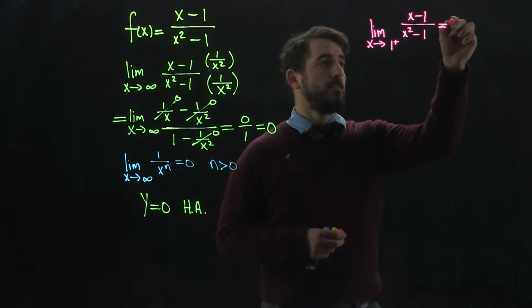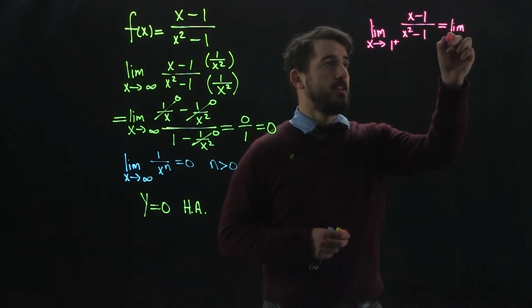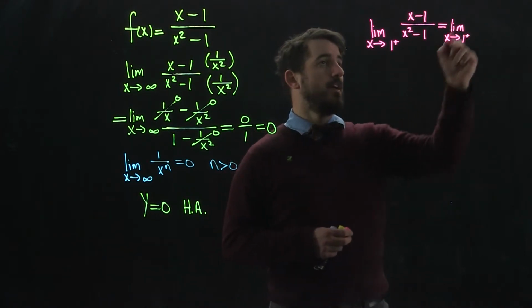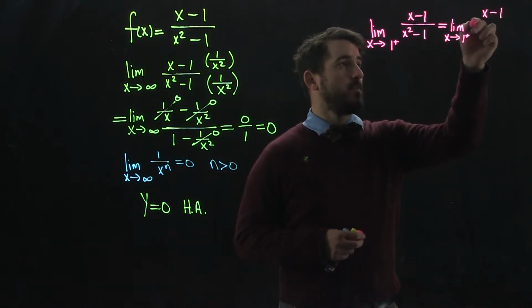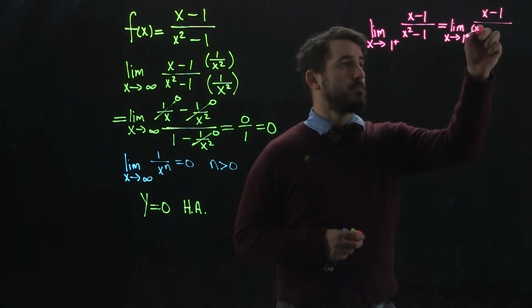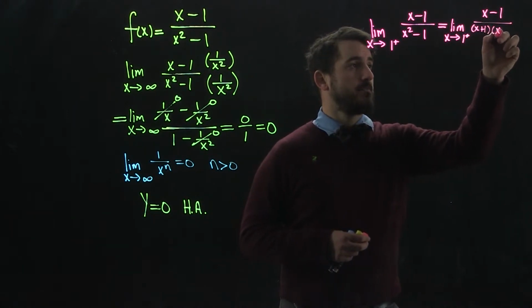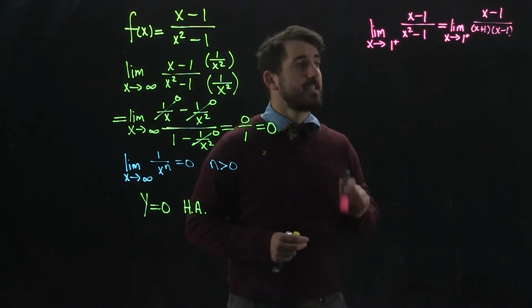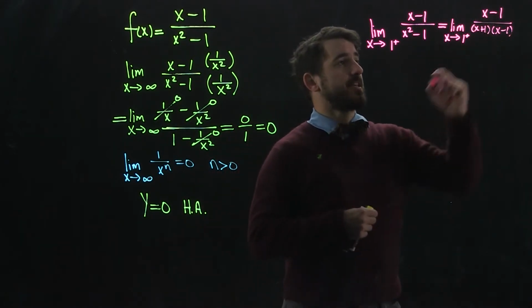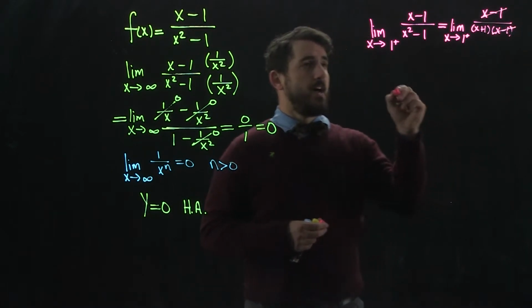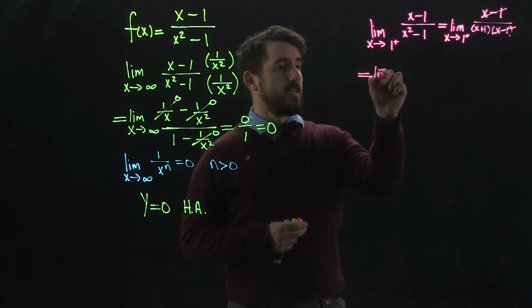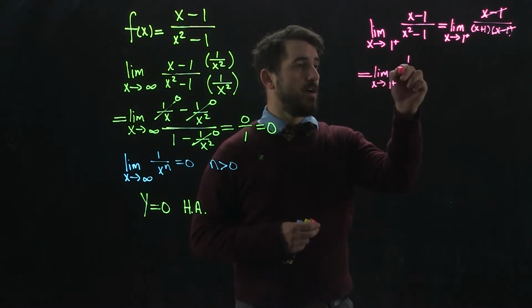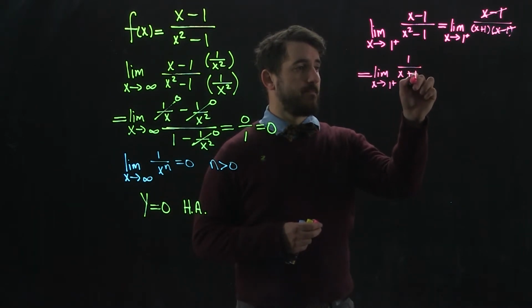But if we do some reduction, this is the limit as x goes to 1 from the right of x minus 1 over x plus 1 times x minus 1. Now, we can then continue. We see that these cancel, and we are left with the limit as x goes to 1 from the right of 1 over x plus 1.